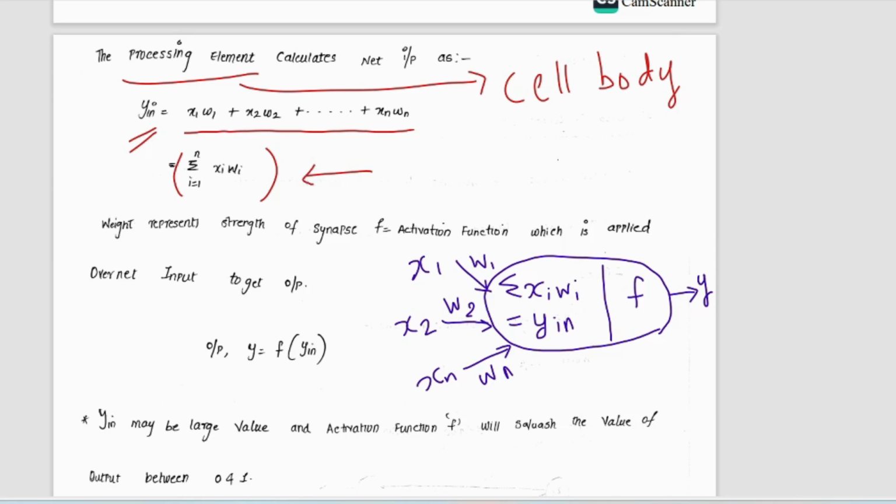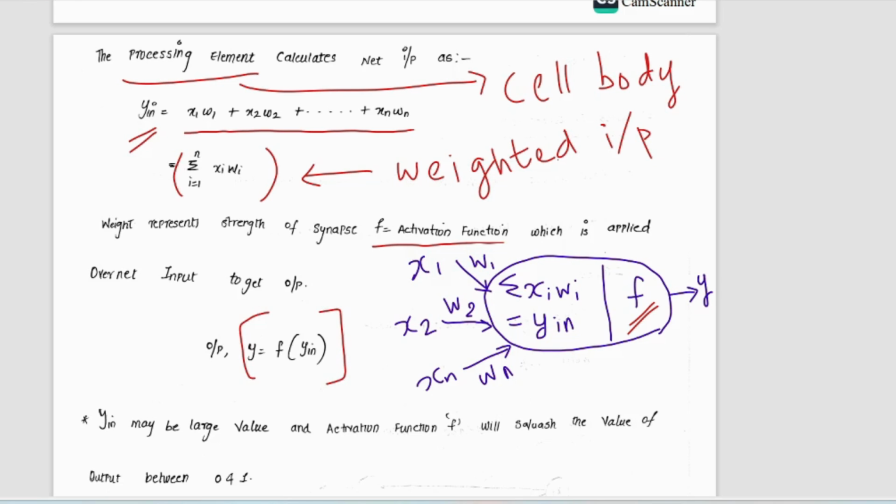This is also called the weighted input. Then after that, inside the cell body, it is going to pass through a function f called the activation function, and that will give the final output y. So the final output y is generated by f of y_in.